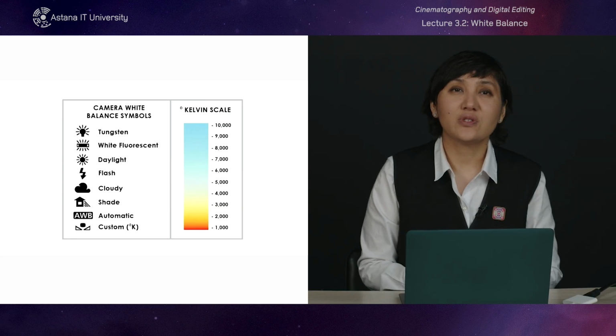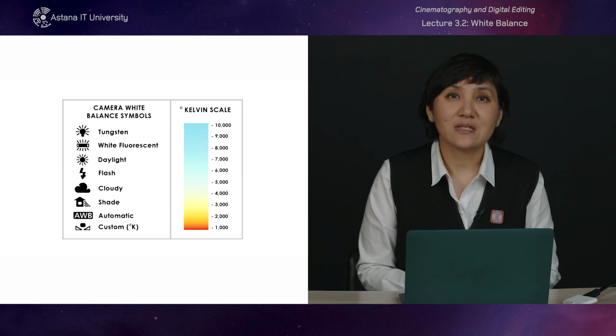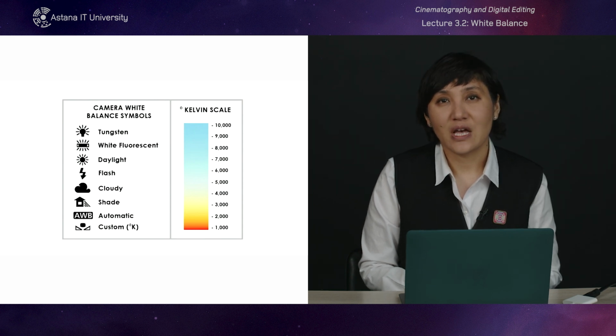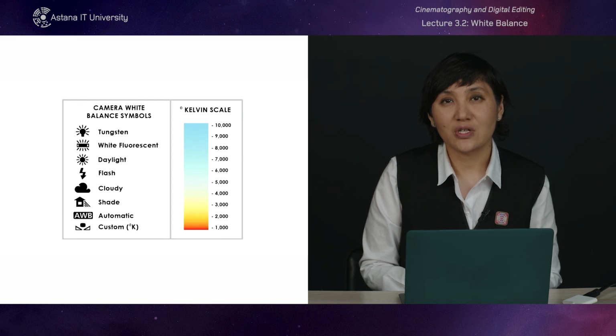Fluorescent, around 4000K, compensates for the greenish tint that fluorescent light often produces, rendering a more natural color in your footage. Cloudy, 6500K, adds warmth to your shots, ideal for cloudy days where the light tends to be cooler.